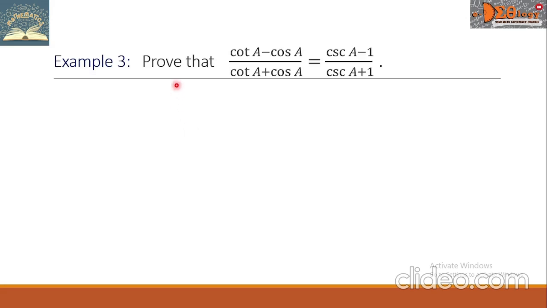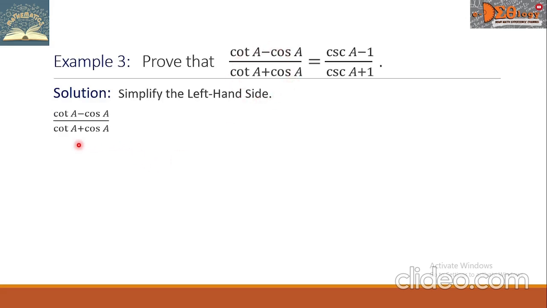Example 3. Prove that cotangent A minus cosine A all over cotangent A plus cosine A equals cosecant A minus 1 all over cosecant A plus 1. Let us simplify the left-hand side. So the fraction on the left hand we will write in here.